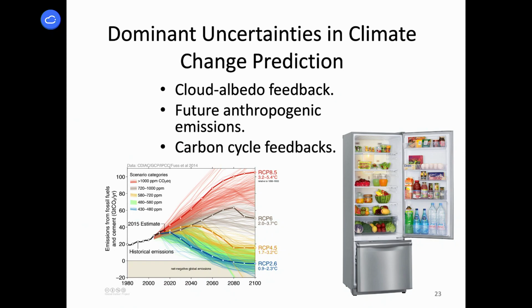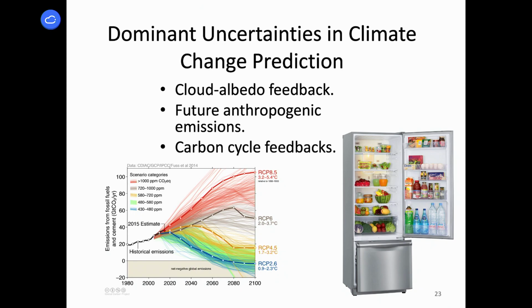The second big uncertainty, and this is really the big one. I mean, at this point, this is the big one. Future anthropogenic emissions. I mean, it kind of goes without saying. But if the globe decides to go to net zero, there's a lot less global warming than if we just abandoned it and burn it all.